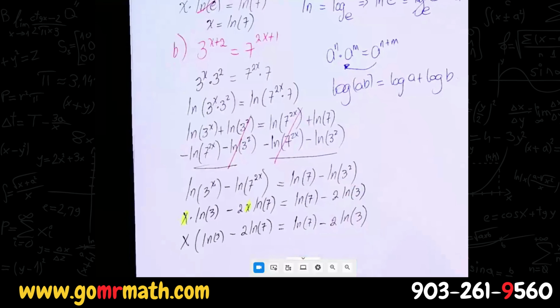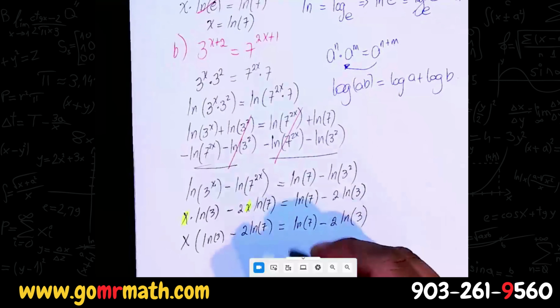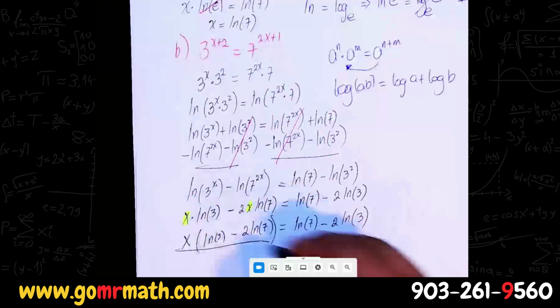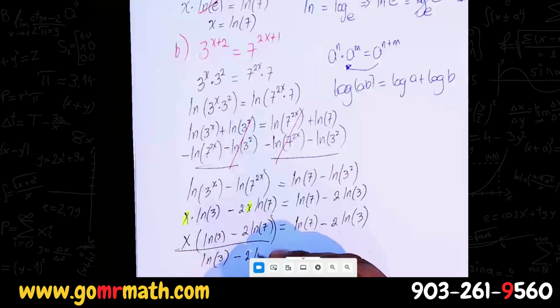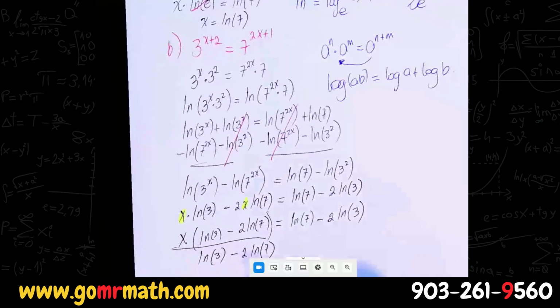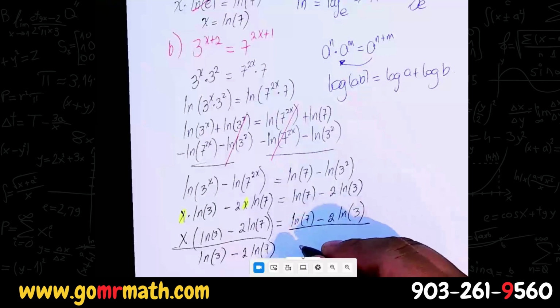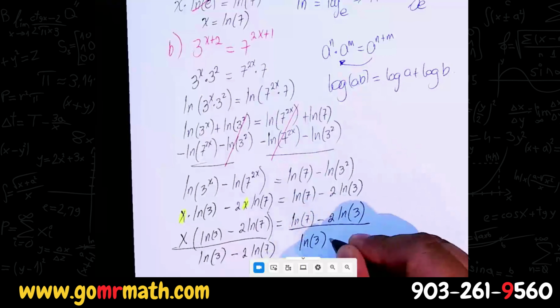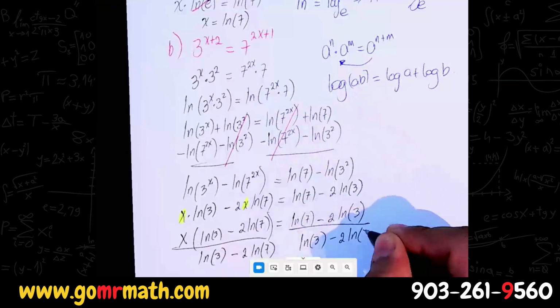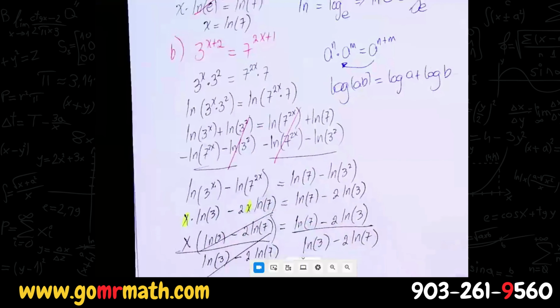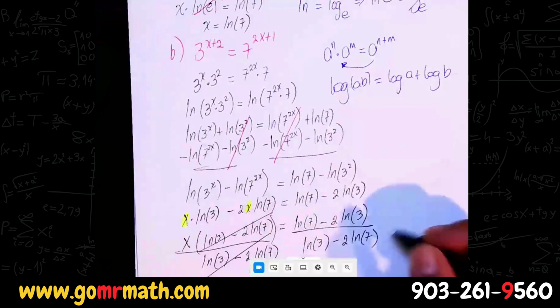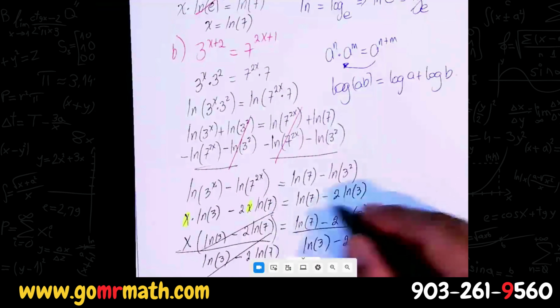Now let's divide both sides by the same expression, which is ln of 3 minus 2 ln of 7. On the left side, this will cancel out, and our result will be only what remains.